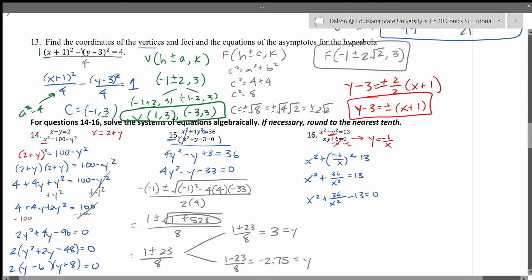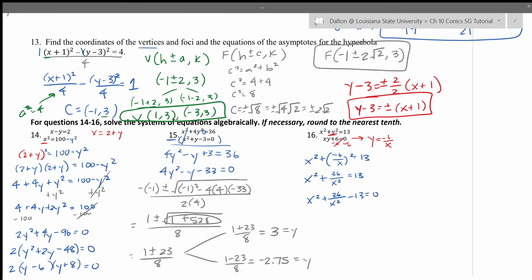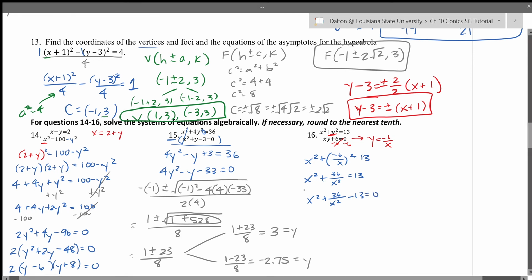is equal to 0. Okay, so if I do something called u substitution, it's basically saying, let's suppose that u is equal to x squared. Well, actually, before I do that, I'm ahead of myself here. I need to get rid of my fraction first, right? So if I want to get rid of my fraction, I want to multiply everything by x squared.